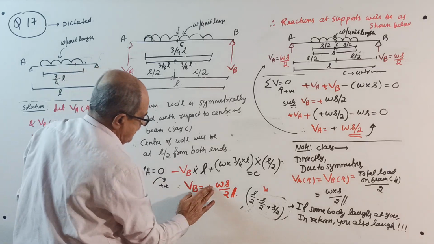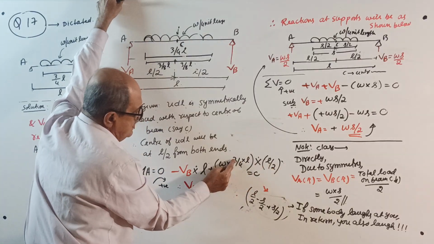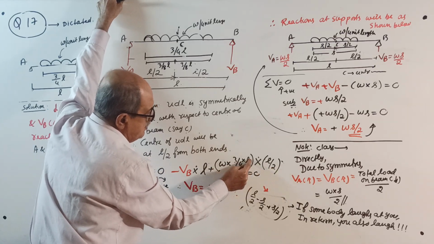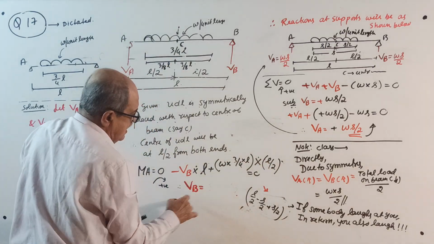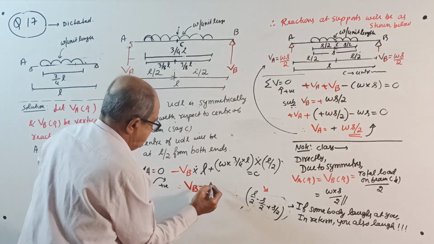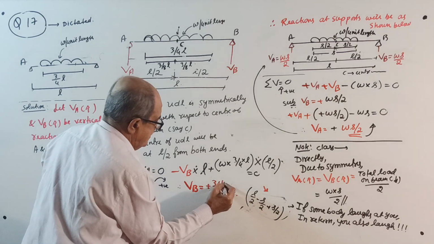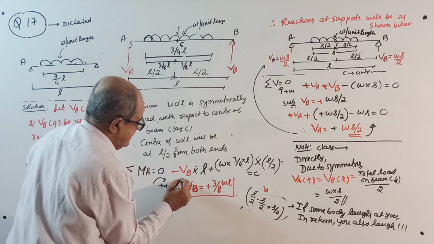Now see here what happens. 3/4 of L into L by 2 is 3/8 of L square, divided by L. Your VB will come, the red color answer, 3/8 of WL is the answer.